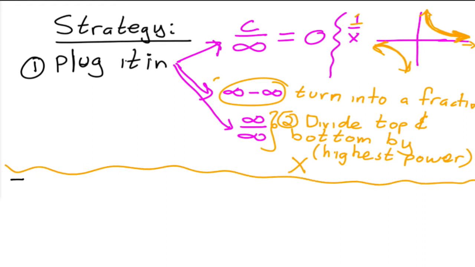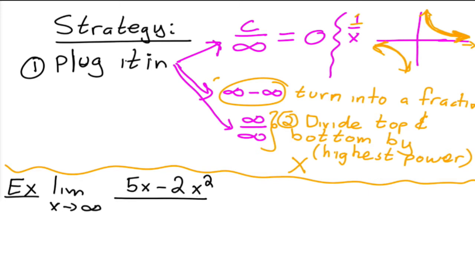Let's do an example. Let's say you've got the limit as x goes to infinity of 5x minus 2x squared over 3x squared plus 7x minus 5.